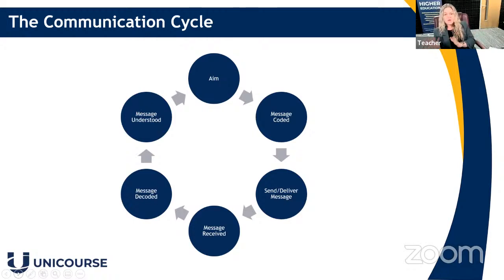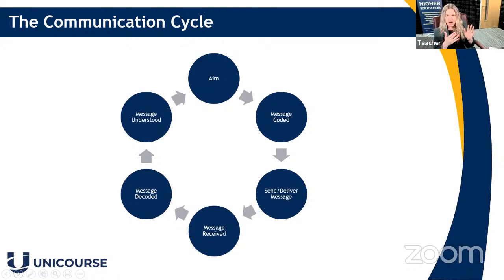And then the message decoded is where the receiver or the recipient must now decode the message. So this is probably the most common stage for the breakdown of communication, and it's because the message is not being translated as it's intended to be.